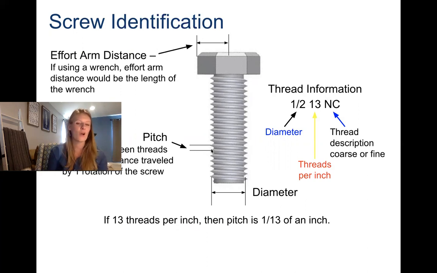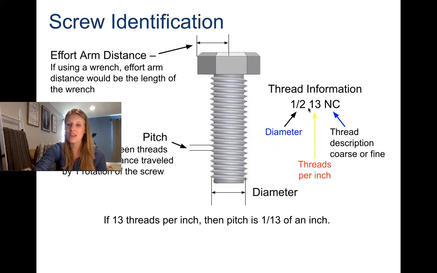You're going to notice in our equation for IMA, we use the pitch right here. When I screw it in one full rotation, a 360-degree turn with my wrench or whatever I'm screwing this with, that is how far down the screw just moved. That's known as the pitch.